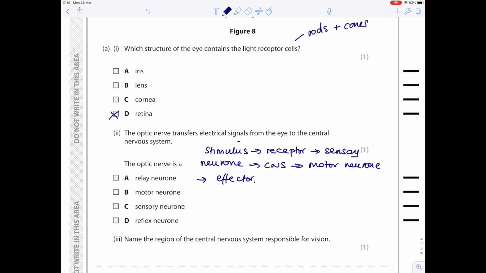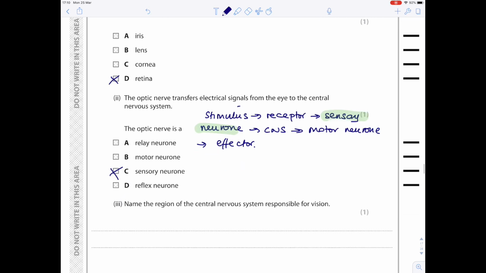So if we're transferring electrical signals from the eye to the central nervous system, the eye is obviously the receptor, so hopefully you can therefore see that the optic nerve is an example of a sensory neuron. So C is the correct answer here.